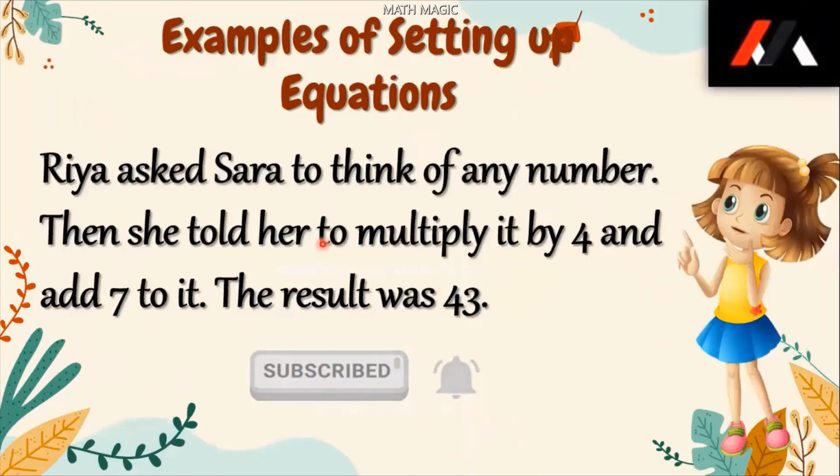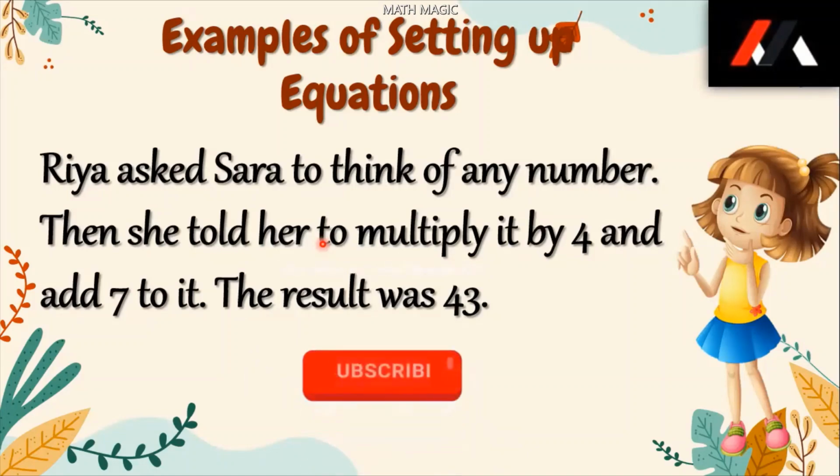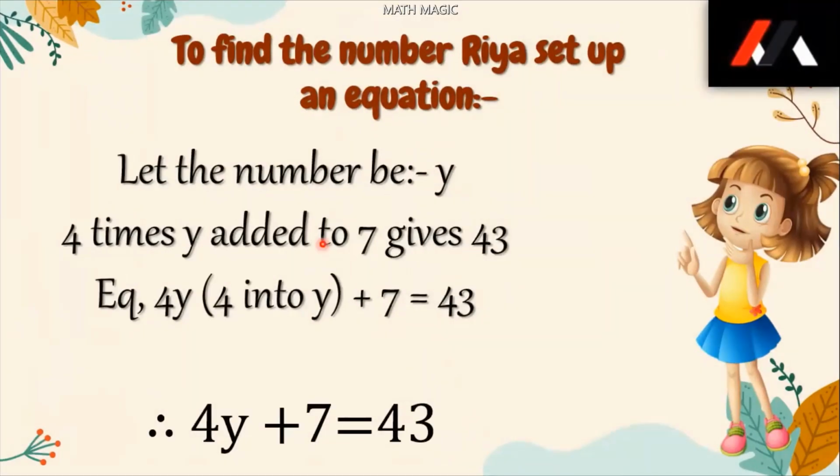Sarah thinks of a number and Ria is going to guess. To find the number, Ria set up an equation. Ria assumed that number to be y. Ria multiplied this y 4 times, added 7, and she got 43.